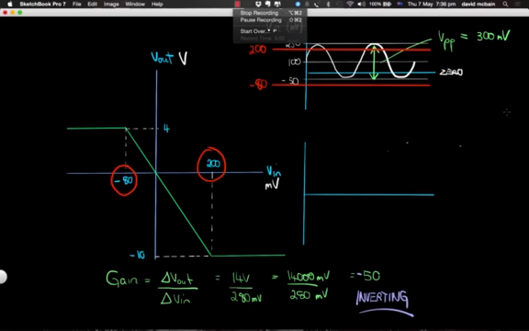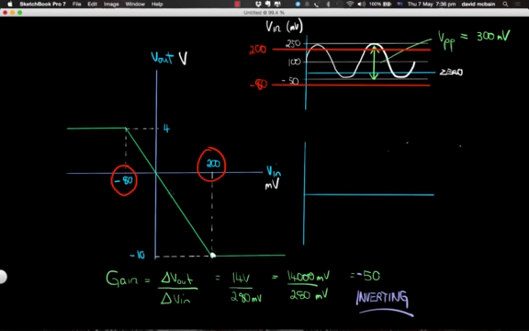Okay, so now I've added a few extra things to the input graph. I've marked in the clipping points. Looking at our V in V out graph, we know that if the input goes beyond 200 millivolts, no more change in output is possible. So that's one of our clipping points.